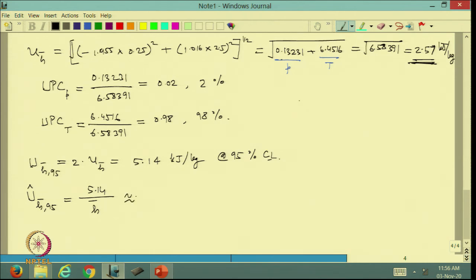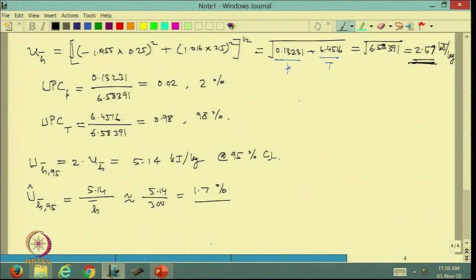So, this is roughly 5 by 300, multiplied by 100, and you will get this as 1.7%.